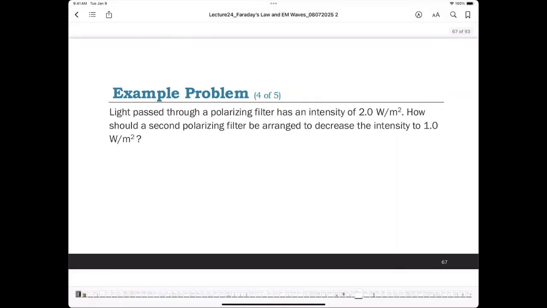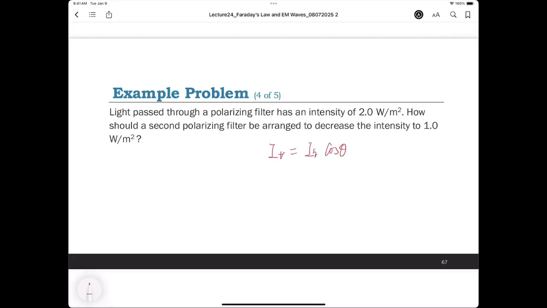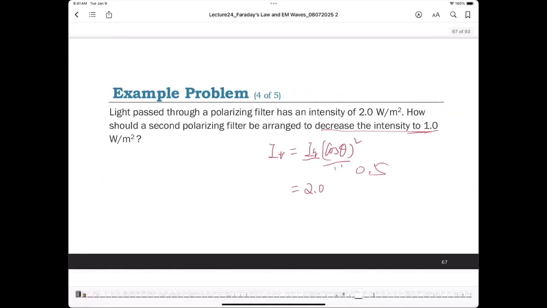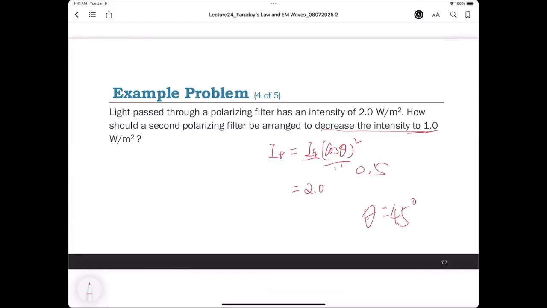We know the I transmission equals I incident multiplied by cosine theta squared. Here this one is 2, and if we want the intensity to decrease to 1, then the cosine squared should equal 0.5, so cosine 45 degrees equals 0.5. So we arrange the second filter so that theta equals 45 degrees. Does that make sense to you?